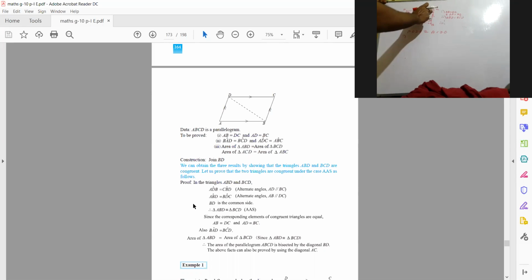The corresponding angle to this side is this side, therefore we can say these two are equal. To prove the other one, you must construct the other diagonal and do the same thing. That's the proof of the three properties, right?